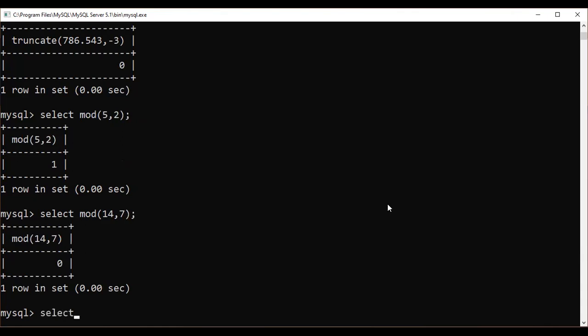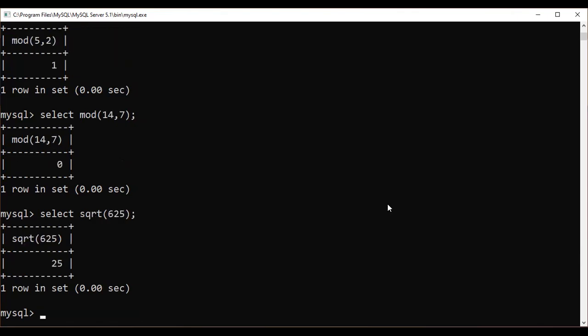Next function, select sqrt of 625. Which two numbers multiplied give the answer 625? 25. 25 into 25 is 625. So your square root of 625 is 25.